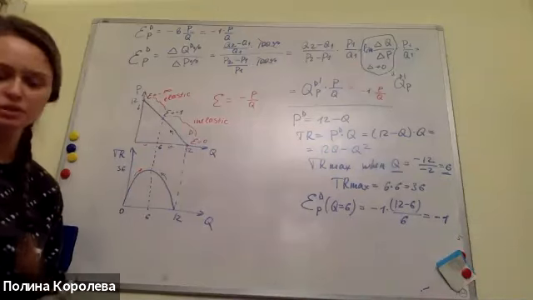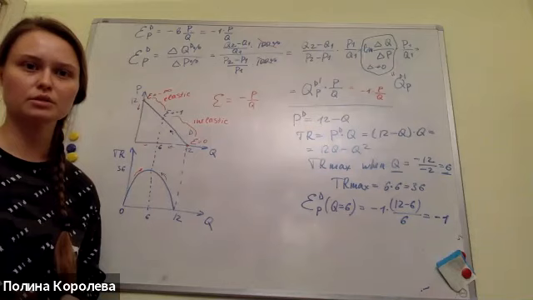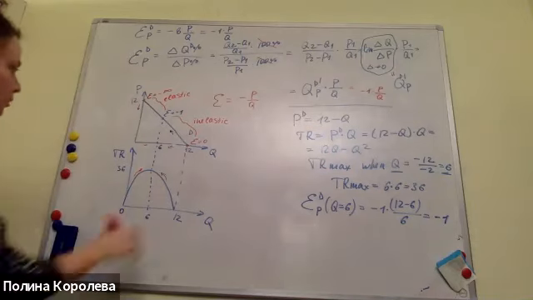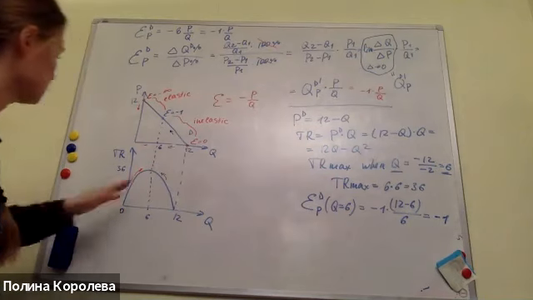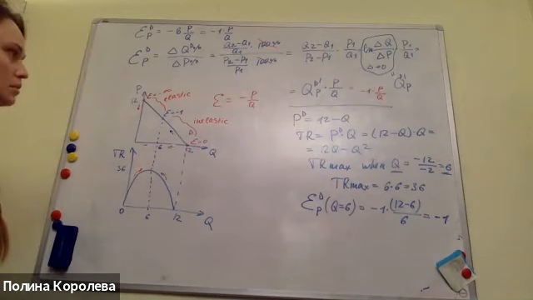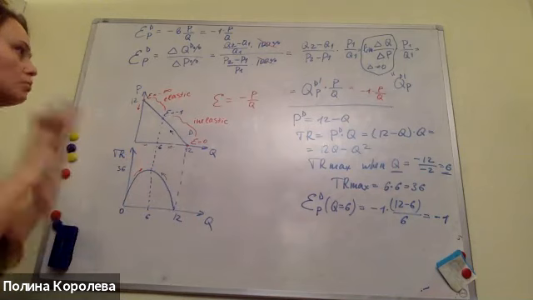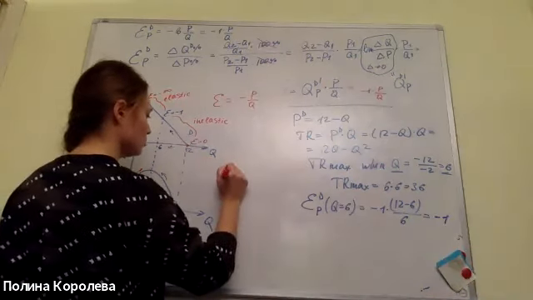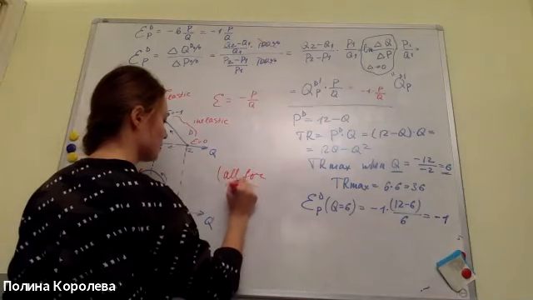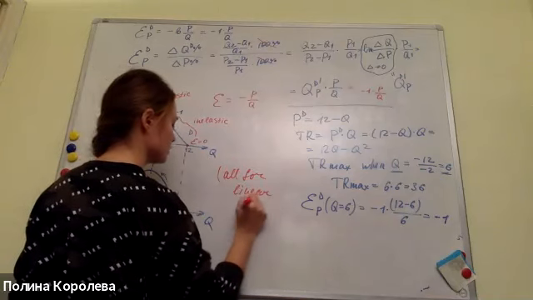Quantity demanded will decrease, but total revenue will increase because we have the inelastic part of demand, closer to maximal total revenue. And total revenue will be maximal when elasticity is equal to -1. This is all for a linear demand function.